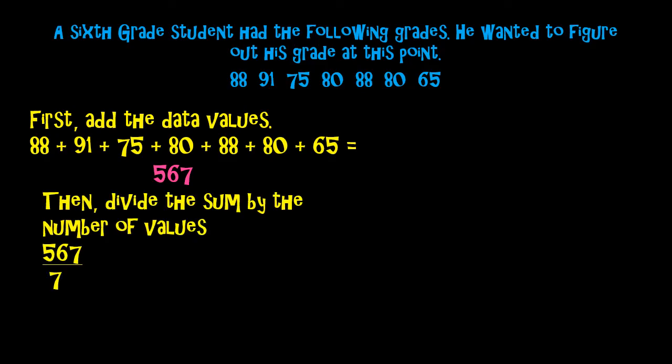Then divide by the number of values. 1, 2, 3, 4, 5, 6, 7 grades. So 567 divided by 7. That gives us 81. So his average is an 81.